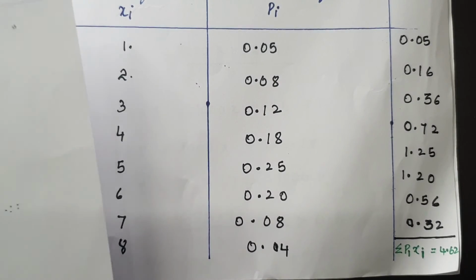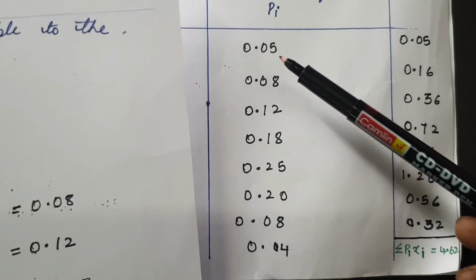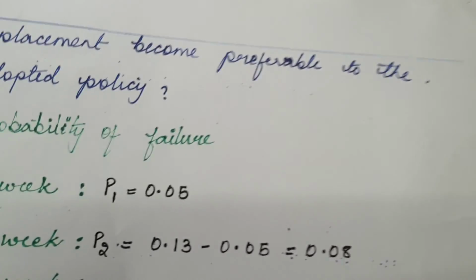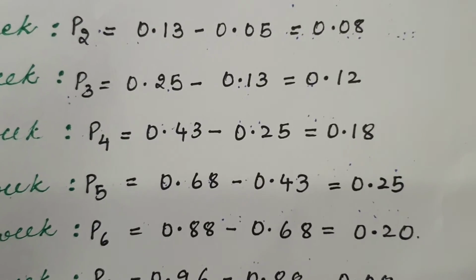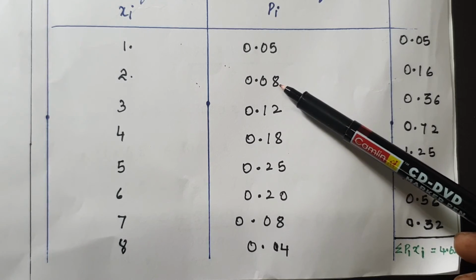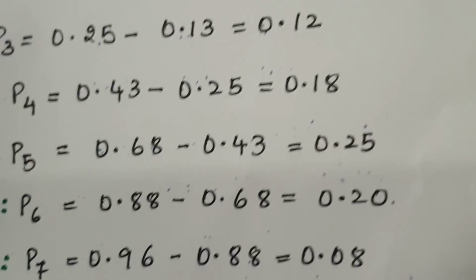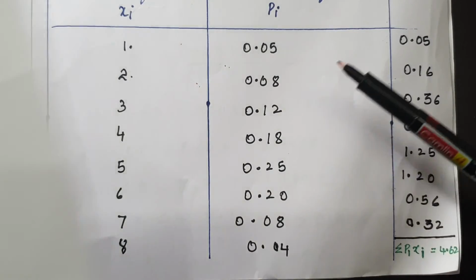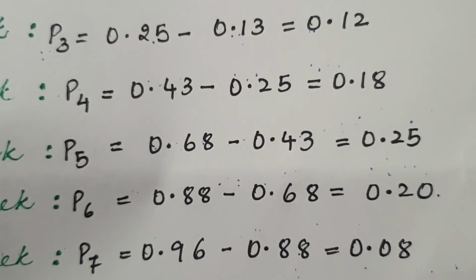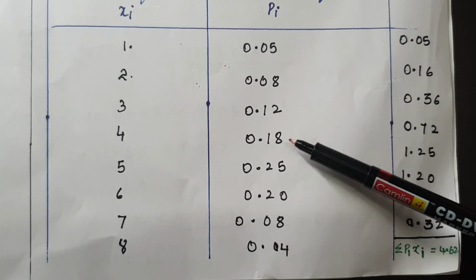As you can see here, p1 is 0.05, p2 is 0.08, p3 is 0.12, and p4 is 0.18.